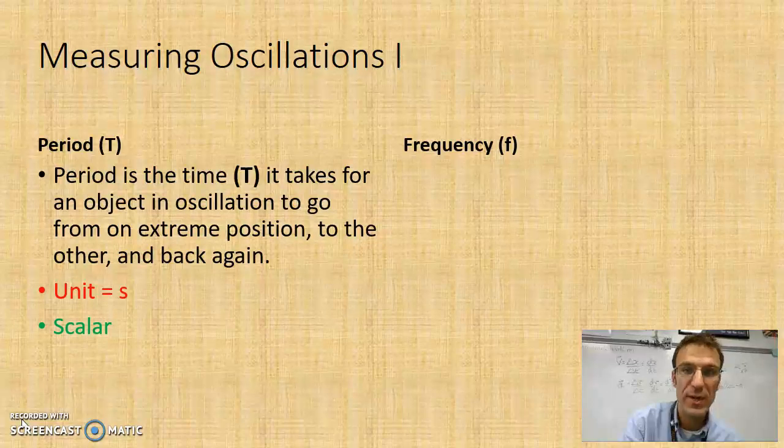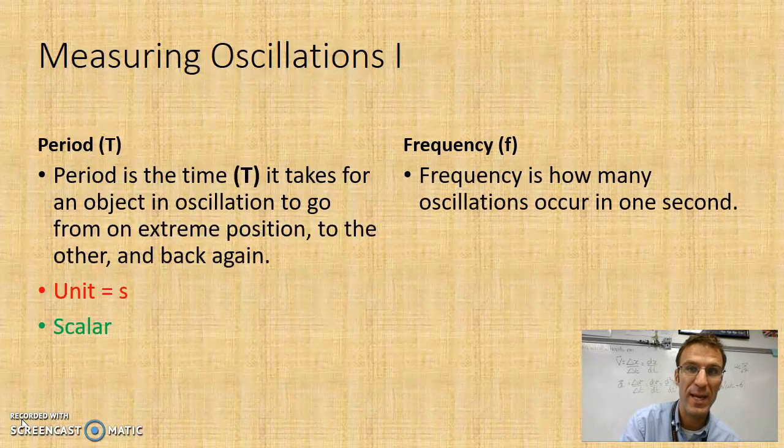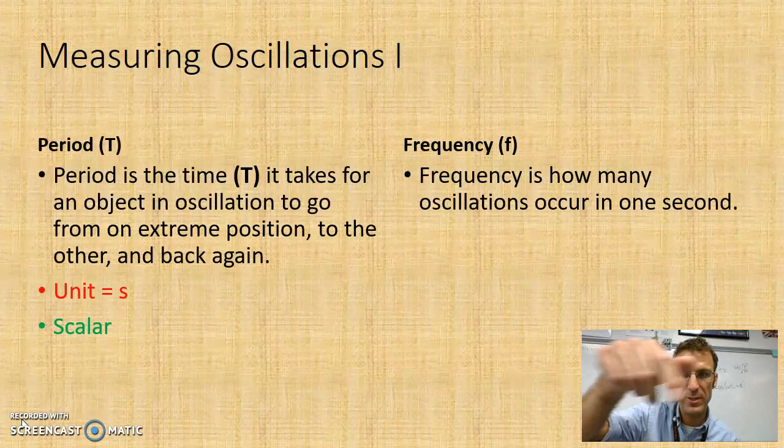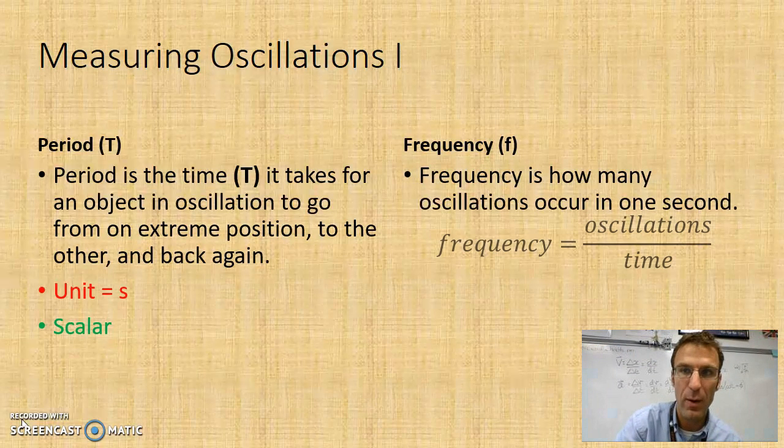The other way you can measure it is to measure frequency, which is how many oscillations occur in 1 second. Basically what you would do is you would set your stopwatch for 1 second, see how many times the pendulum swings back and forth in that 1 second. Or you can set your stopwatch for 10 seconds and see how many oscillations it is in 10 seconds and calculate the frequency by oscillations divided by time.